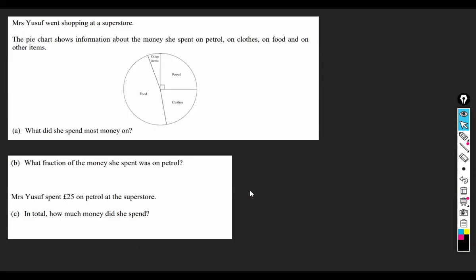All right, so here's what I want you guys to do. I don't need the pie chart kind of small, but believe me, the question is still doable. For this one here, petrol, you all see the symbol for 90 degrees here? That is all you really need to know in order to get this question.